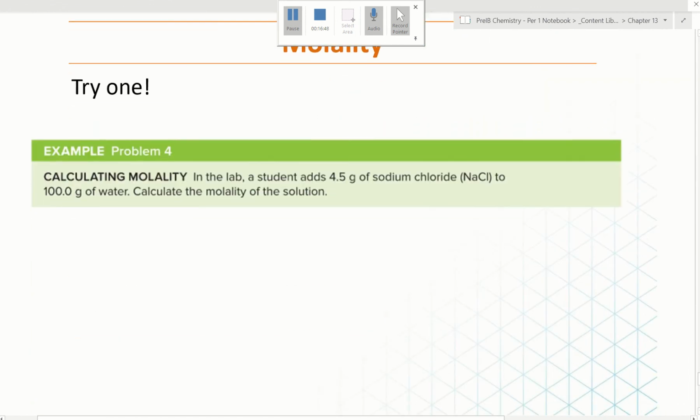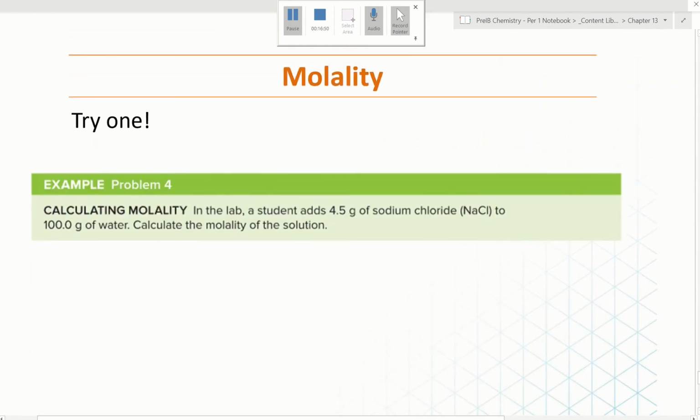But in the meantime, we need to learn how to calculate molality. And so molality is calculated in a very similar way as molarity. Basically, we're going to say we have 4.5 grams of NaCl, and we're going to calculate the moles of NaCl.